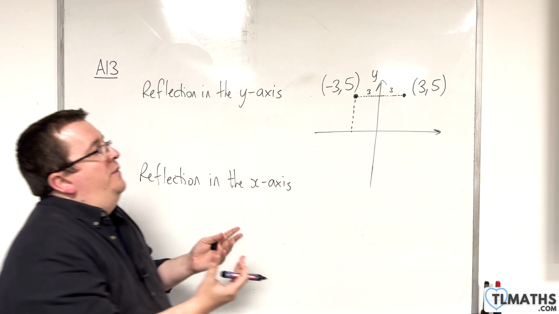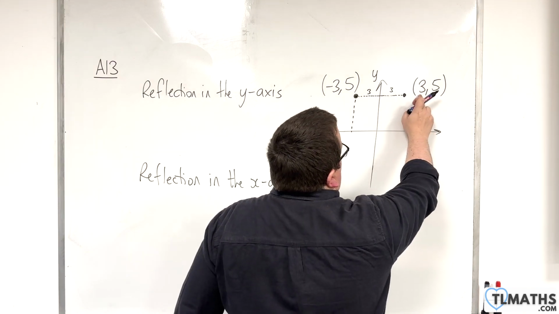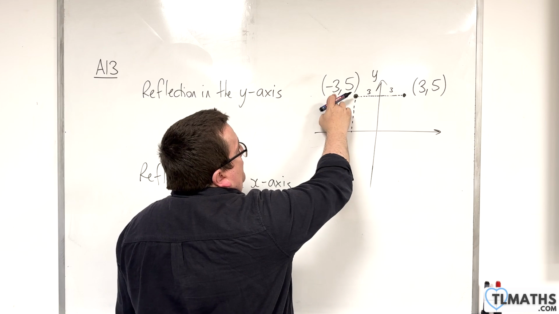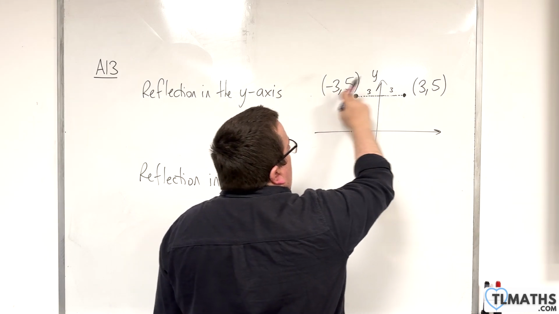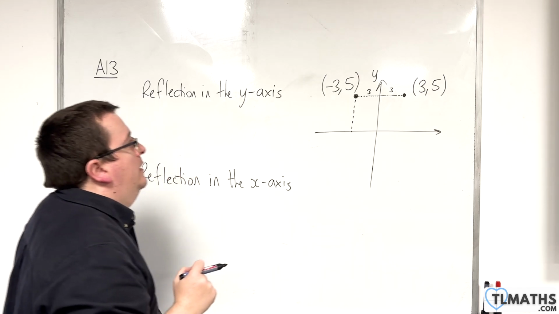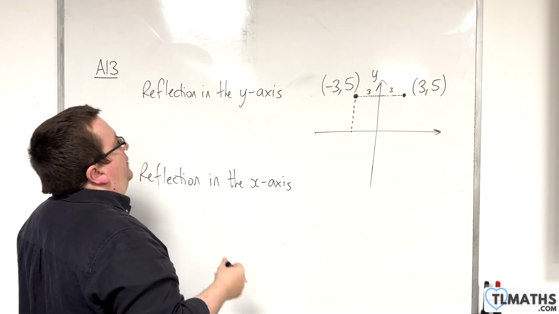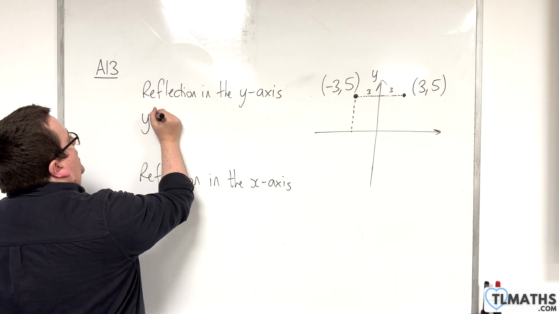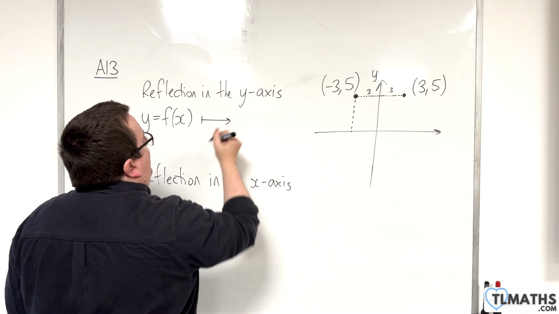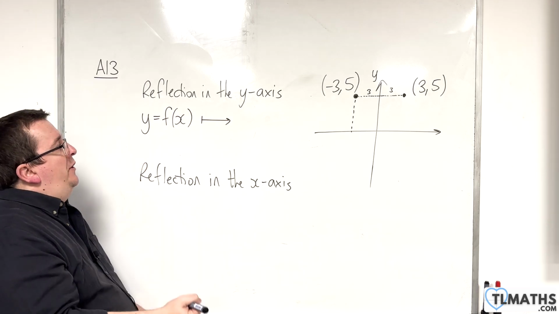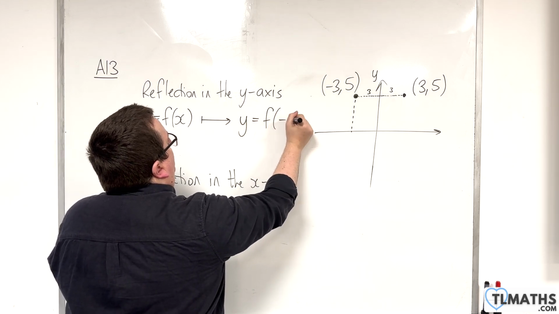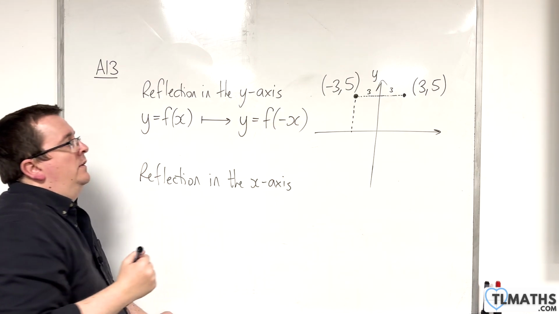Now, what's happened there? Well, the x-coordinate has been replaced with the negative of the original x-coordinate. So the x-coordinate has changed sign. So what happens is that if you start with y equals f of x, then the x-coordinate changes sign. So it gets mapped to y equals f of -x.